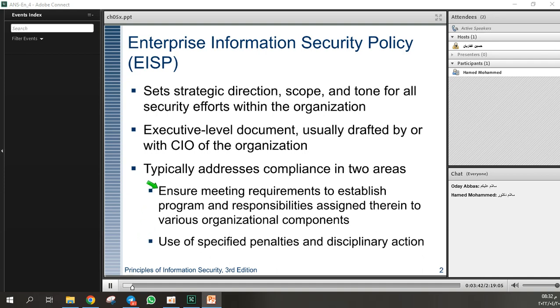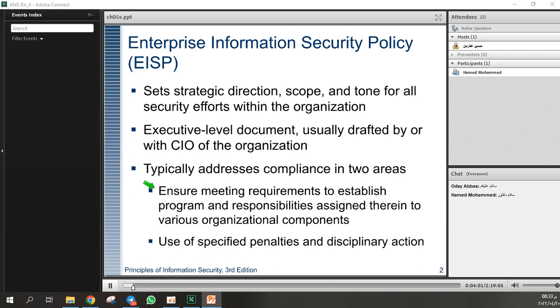Okay. The first one is that we should ensure that we meet requirements to establish programs and responsibility assigned to various organizational components. What does it mean?